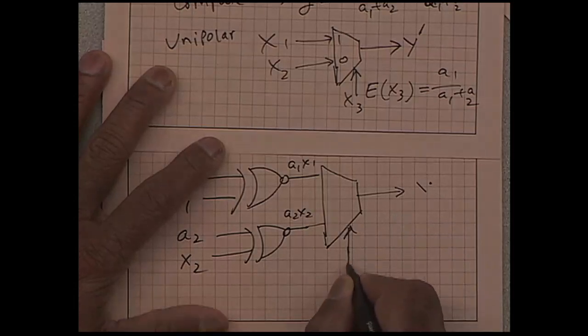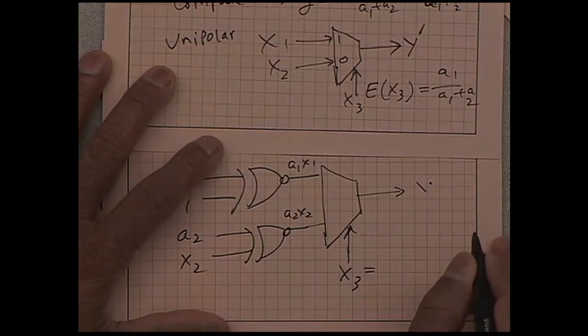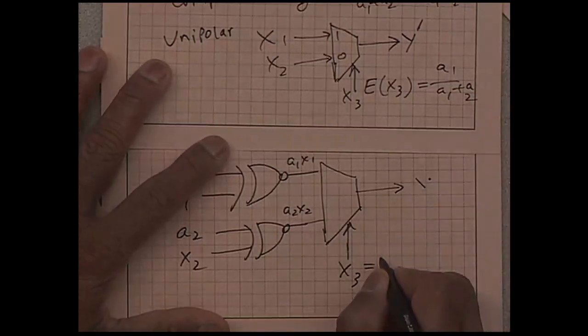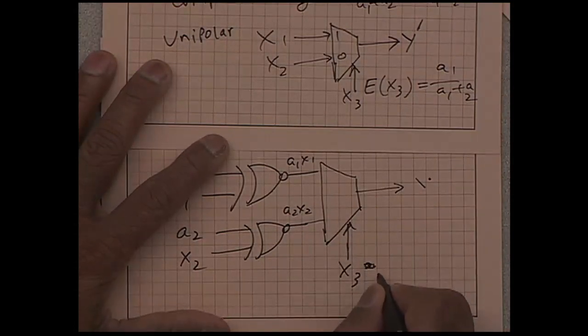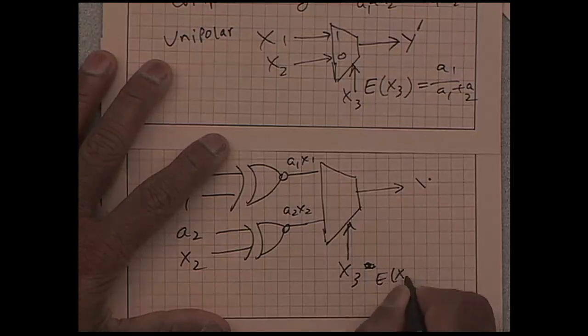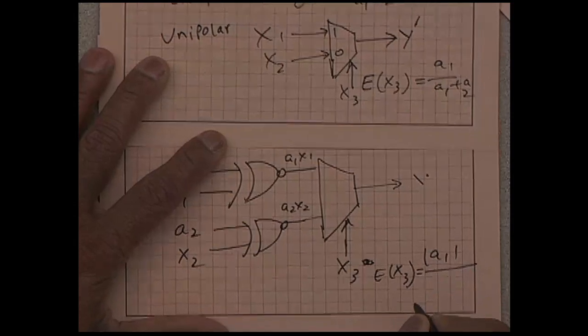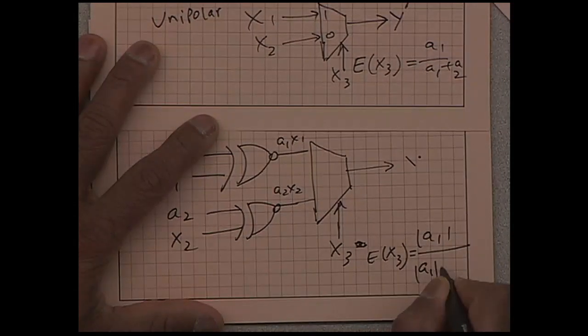Let's try to feed x3, where the expected value of x3 is equal to absolute value of A1 by absolute value of A1 plus absolute value of A2.